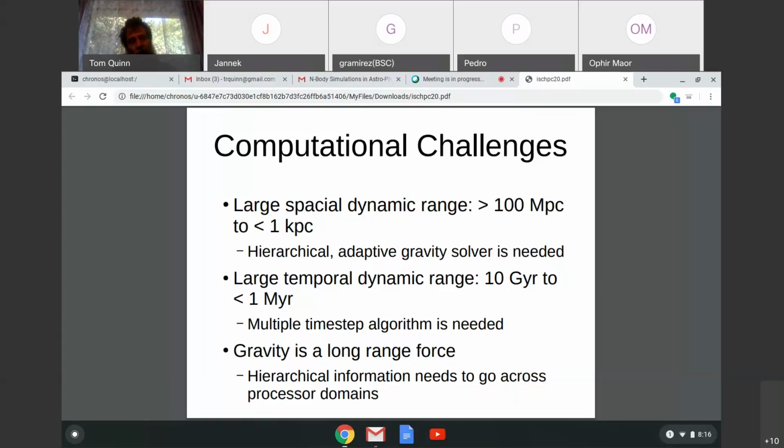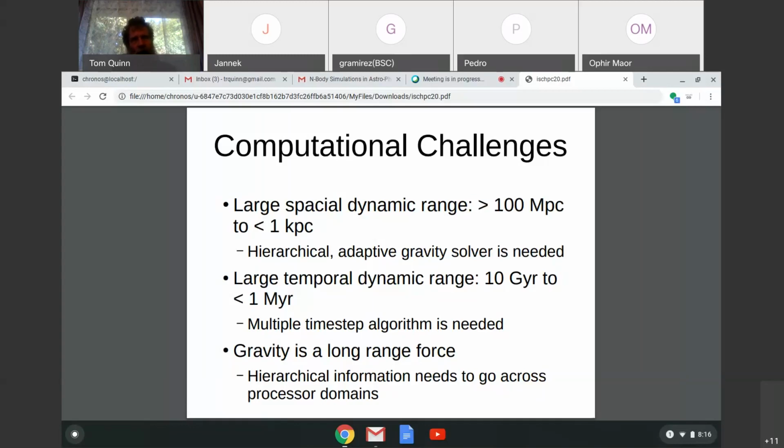But we need to resolve things down so we can see the structure in the galaxies. And so that's the resolution of about a kiloparsec that I have quoted there. But you have this huge dynamic range, 100 megaparsecs down to below a kiloparsec. And so any computational technique is going to have to be hierarchical and adaptable to these huge overdensities.